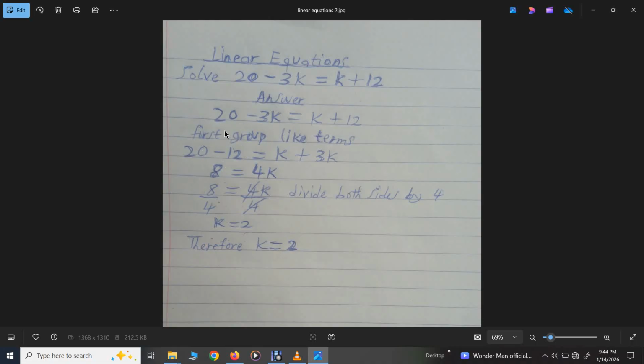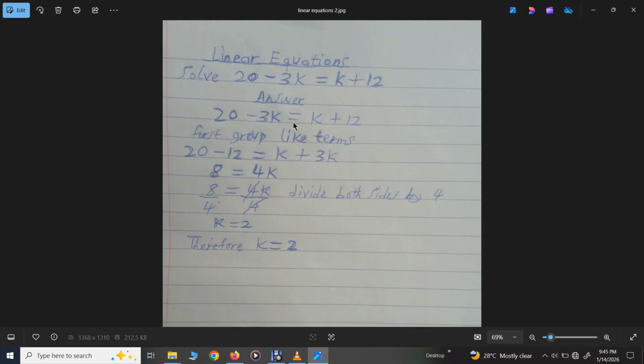So therefore, negative 3k crossing the equal sign becomes positive. So therefore, we get k plus 3k. Now we send 12 to the left hand side of the equal sign.